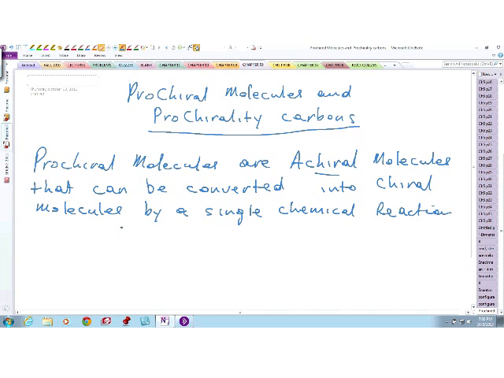That is the definition of prochirality molecules. Now let me give you the definition of prochirality carbon.